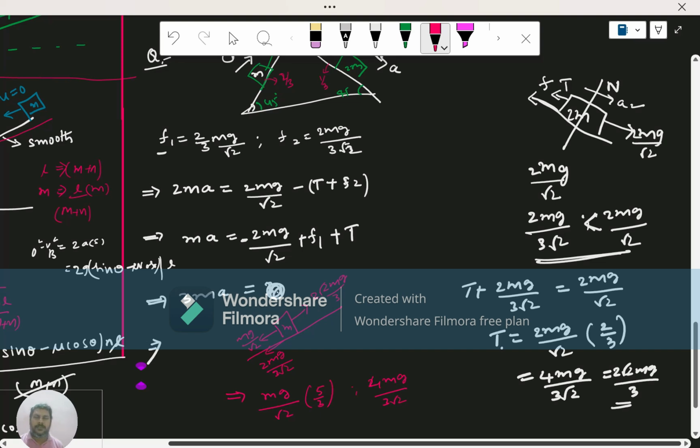Acceleration upwards means this 5 mg by 3 root 2, here it is 4 mg by 3 root 2. So A is not moving, and B is having acceleration downwards. If B has acceleration downwards, T is equal to this much, and with this T, A is not coming up, right?